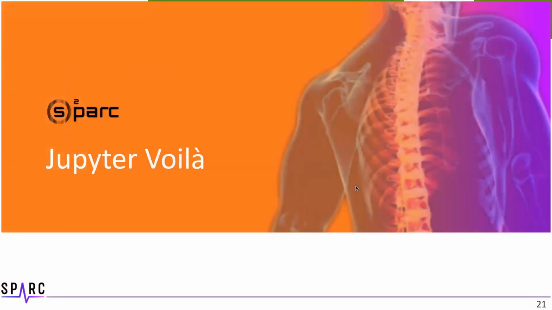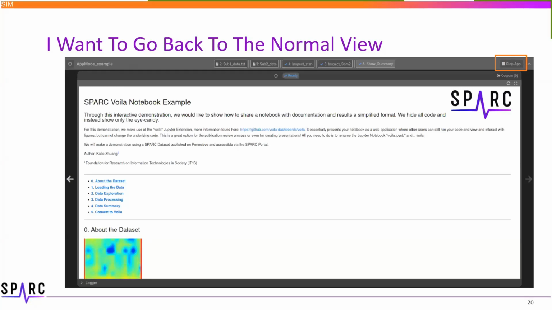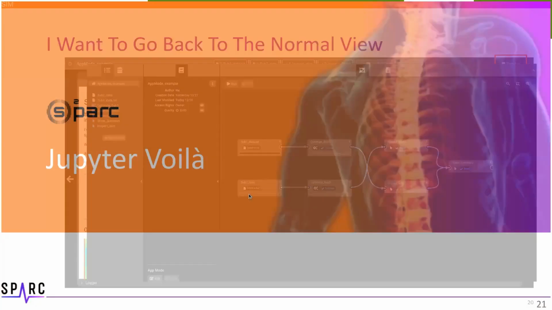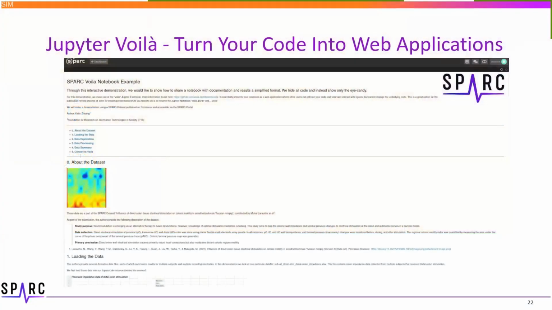You might have noticed that in the previous step, what I'm showing is basically a web application, but you might recognize that it also has many features that look like JupyterLab notebooks. So I want to go into a bit more detail on how we create this Voilá visualization.